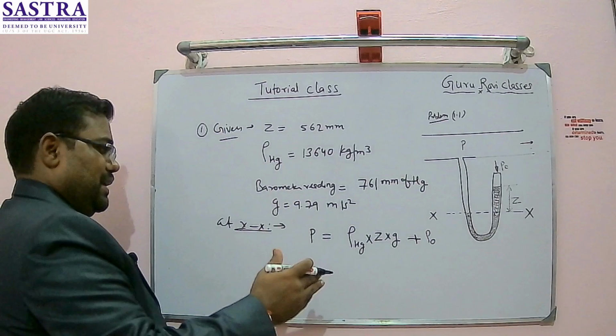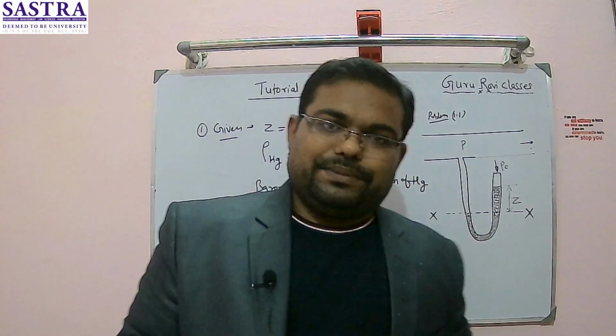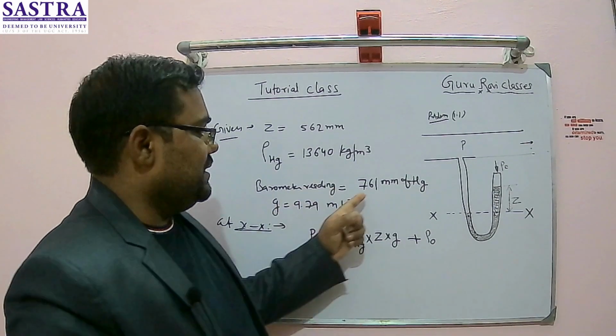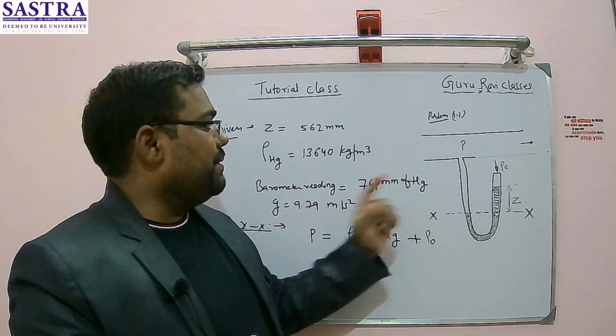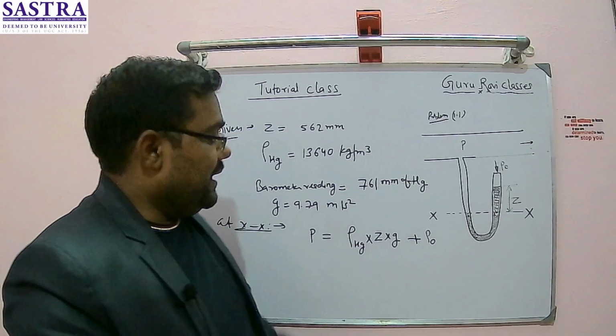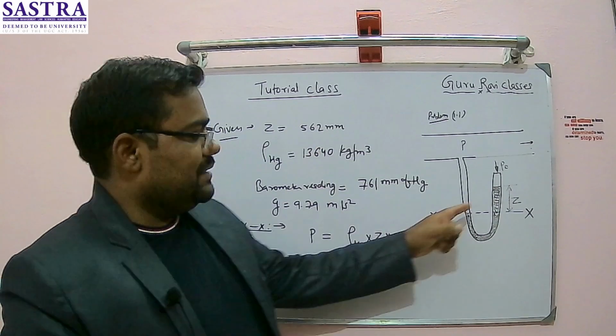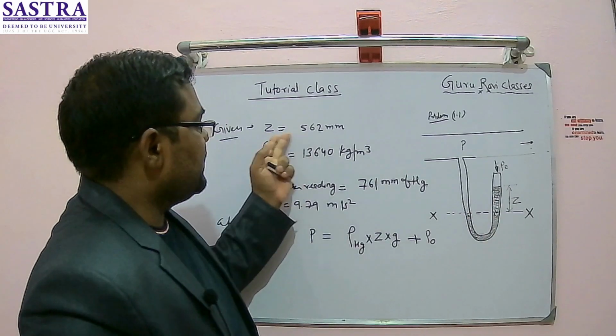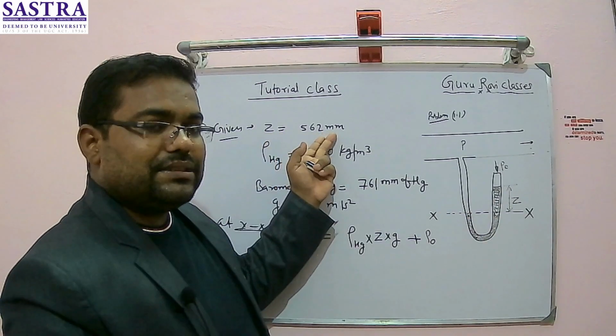Now the first part is, what is P naught. P naught is atmospheric pressure, and this will be sensed by the barometer reading, which is given here, 761 mm of mercury. And it is clearly stated this manometric fluid is also mercury. So the manometric height is also given, 562 mm.